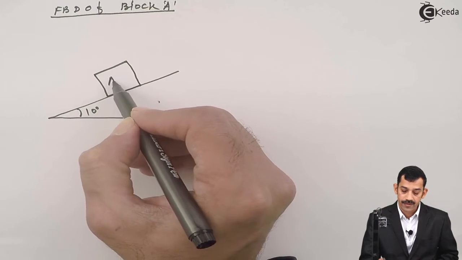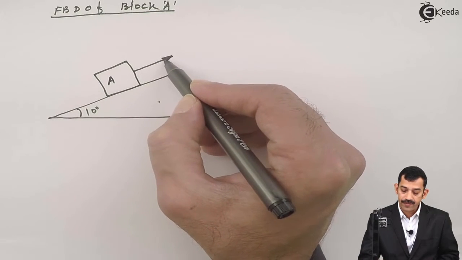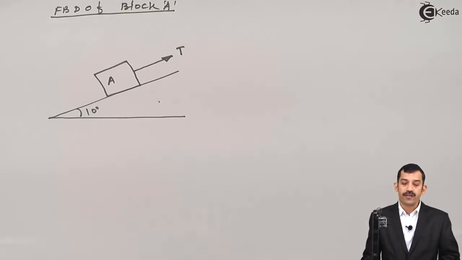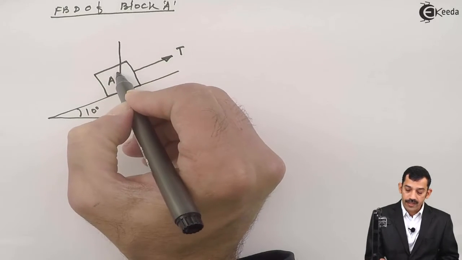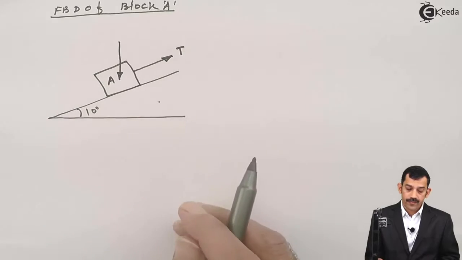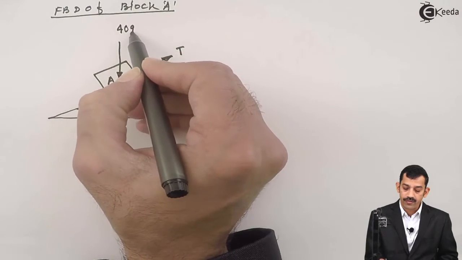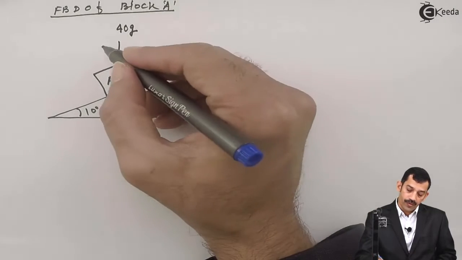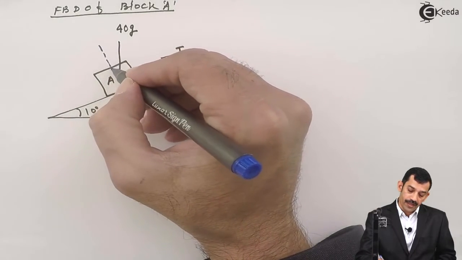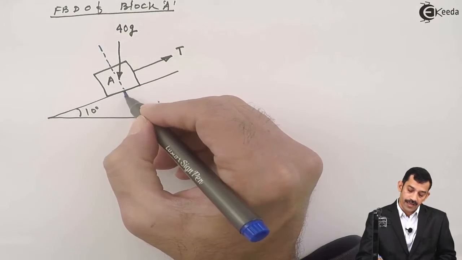This is block A. Now here, what string is connected? Tension is T, parallel to the plane. The weight of the block acts in the downward direction. The mass of the block is given as 40 kg, therefore the weight is what? 40 g. Now if we draw the normal to the plane here, on the same line continued, we get Rn.